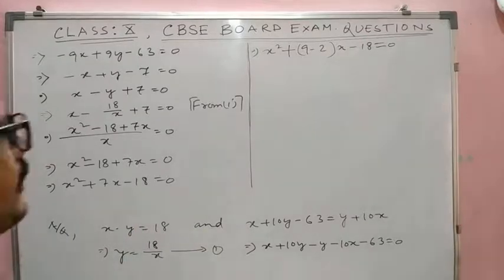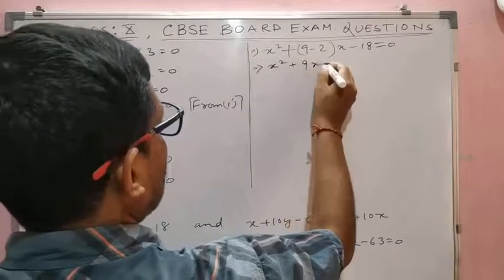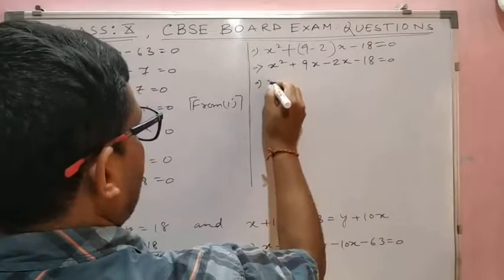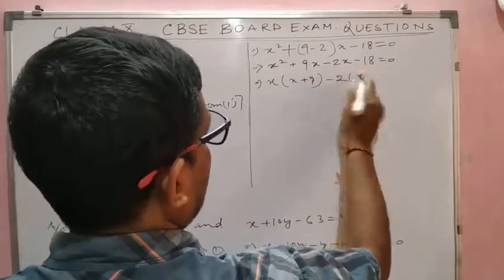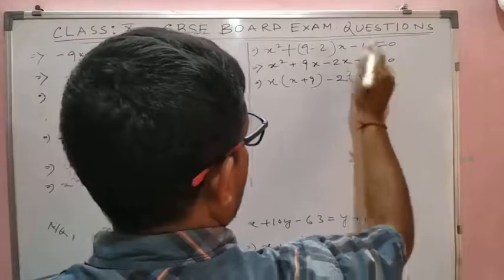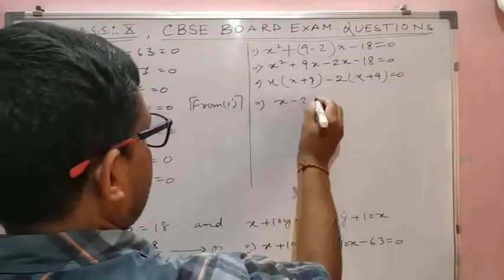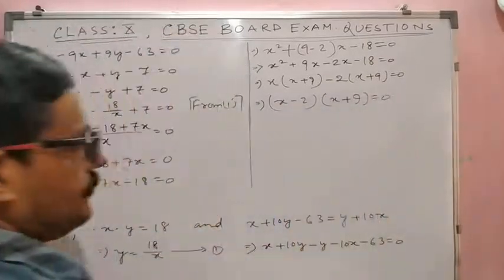So let us calculate this. x square plus 9x minus 2x minus 18 equal to 0. This implies that x is common. So x plus 9, minus 2 common, minus 2 into x plus 9 equal to 0. This implies that x minus 2 whole into x plus 9 equal to 0.